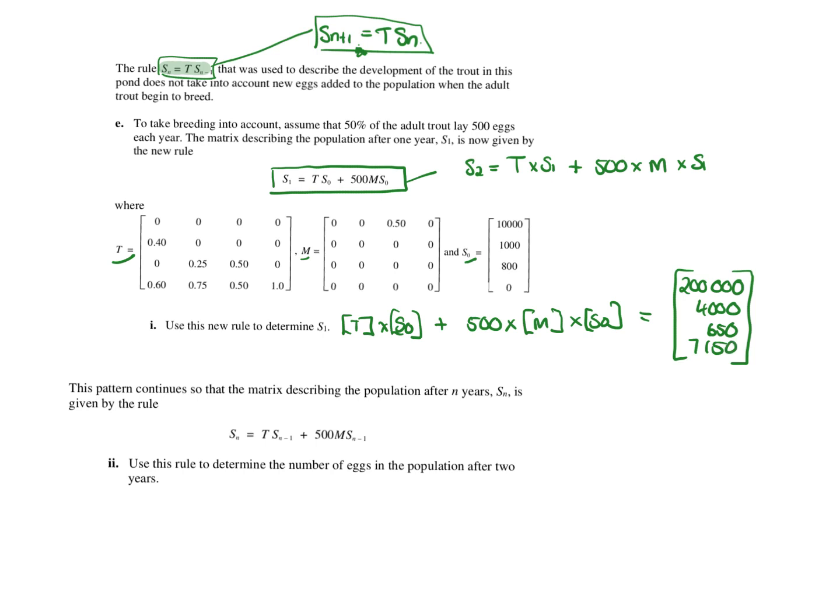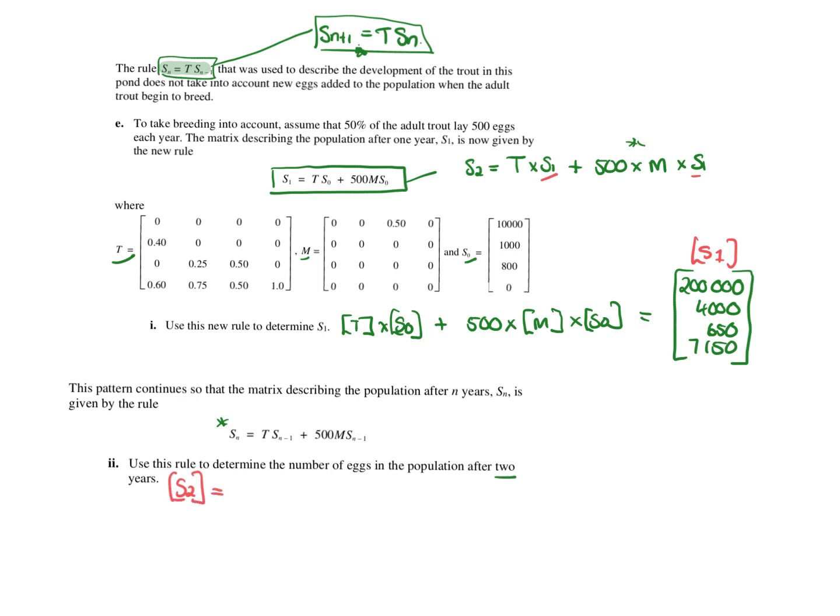Okay, so this pattern continues, and then after n years, so this is pretty much what I was saying here, we can just get the next one. So use this formula to determine the eggs after 2 years. So remember, we just found S1 here, which we'll put into that formula. So when we go to find S2, we do the same thing again.